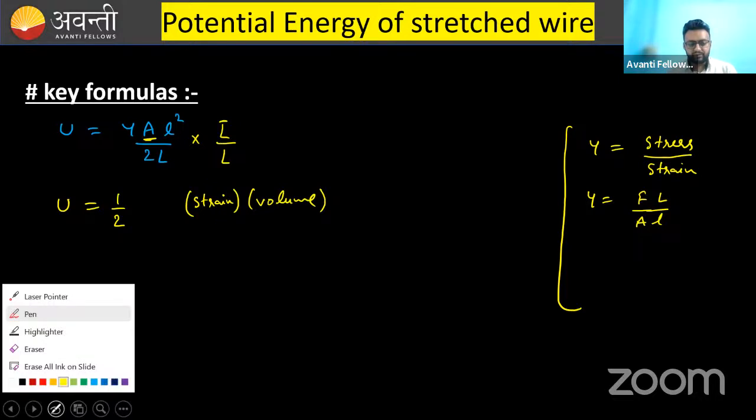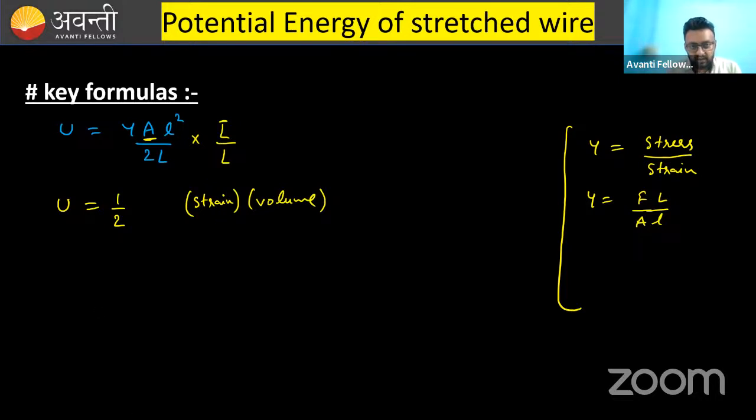I am using the term strain for what? One l and one capital L. Change in length over original length is what? Strain. Now what's remaining? Y is remaining, one small l is remaining, and one capital L is remaining. Clear?